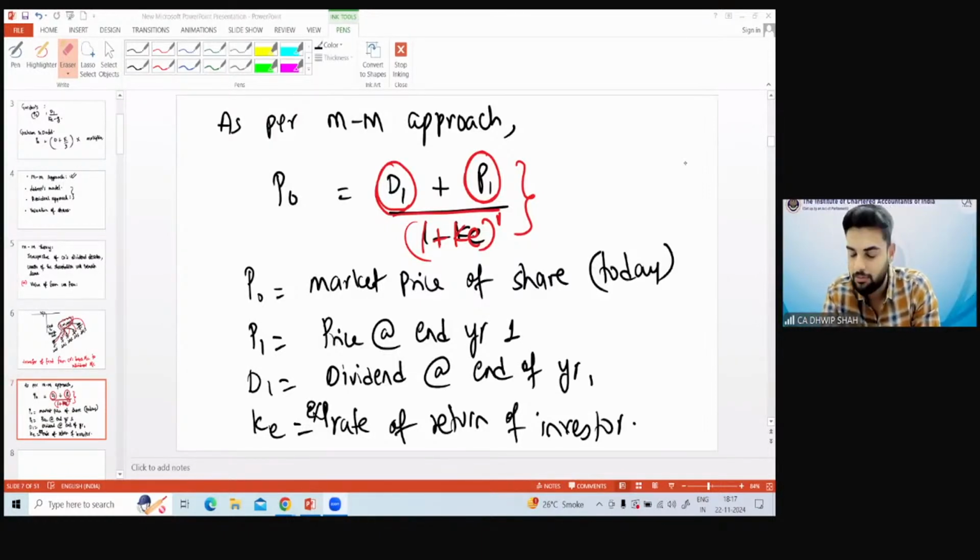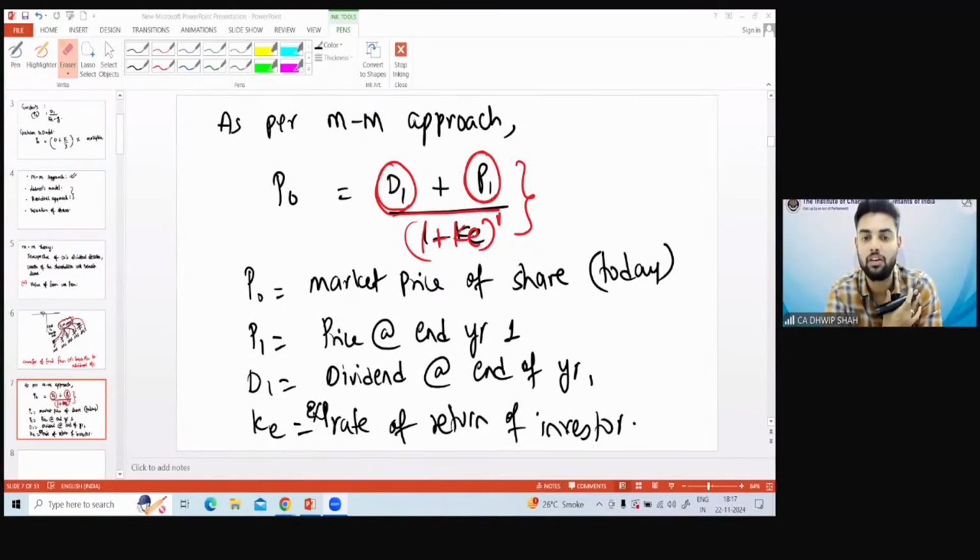D1, sometimes it will be directly given. They would use some wordings or phrases like the expected dividend in the coming year is so and so. And if not directly given, then you have to add growth to it. KE is the expected rate of return of the investor. See KE, how to calculate KE? We have learned that in the cost of capital chapter.